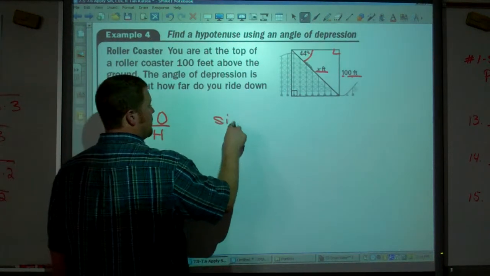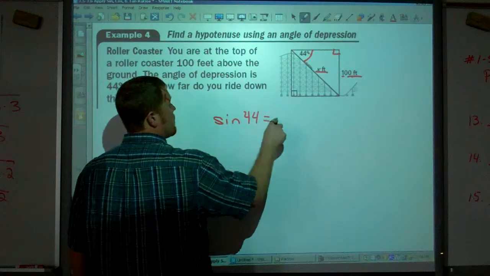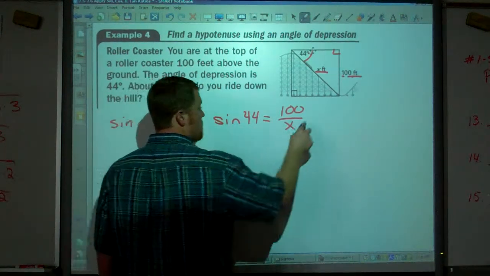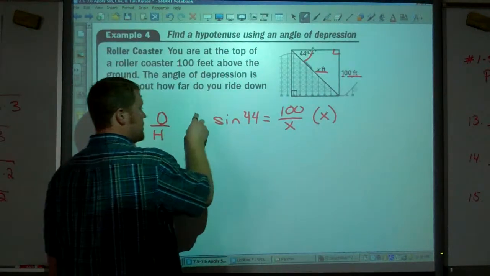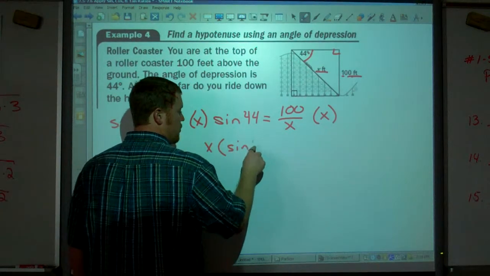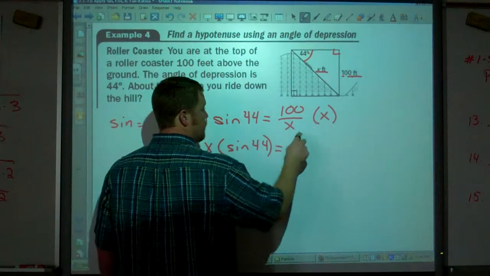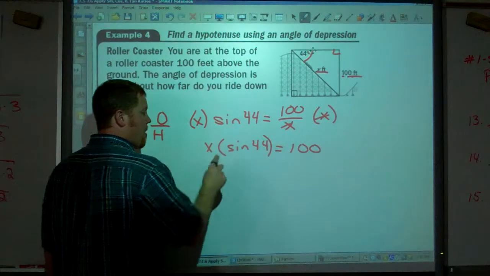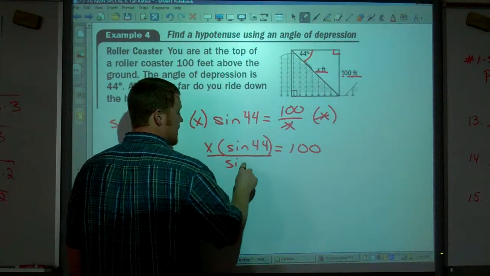So the sine of 44 equals opposite over the hypotenuse. Multiply by what's in the denominator. So x times the sine of 44 equals, those two cancel out, 100. Divide by the sine of 44.